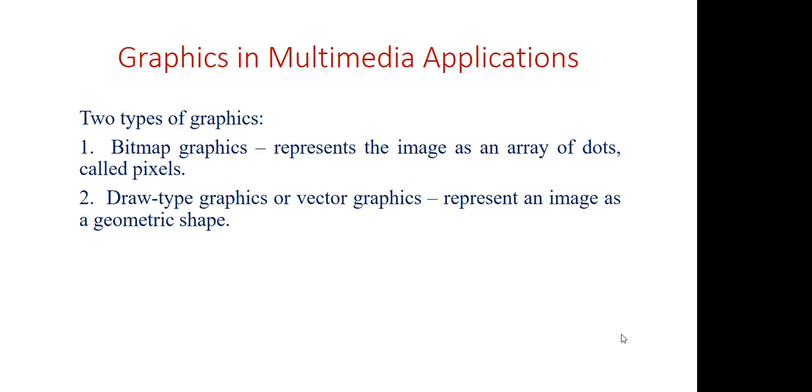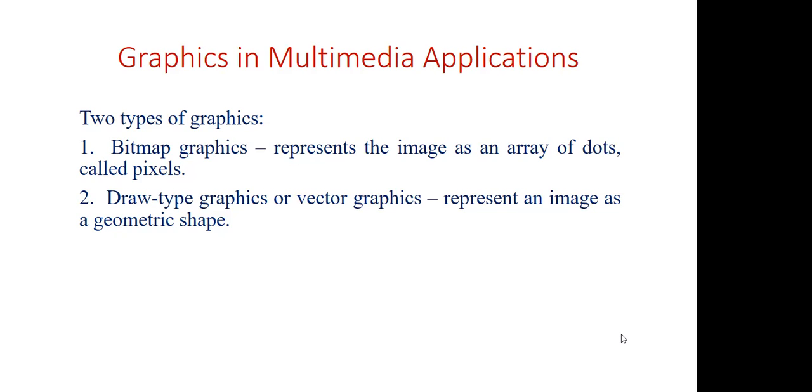When you say bitmap graphics, that means it represents the image as an array of dots called pixels. The smallest element of graphics or image is pixel. Pixel is a rectangular box.